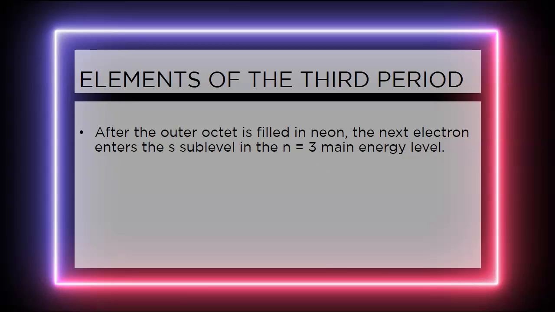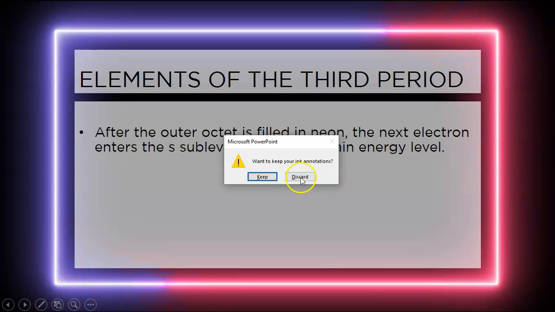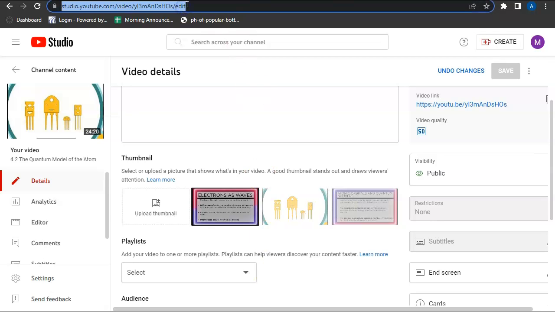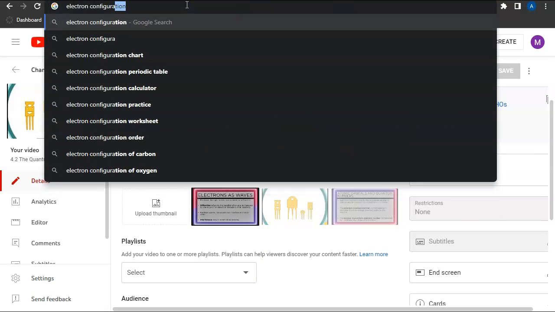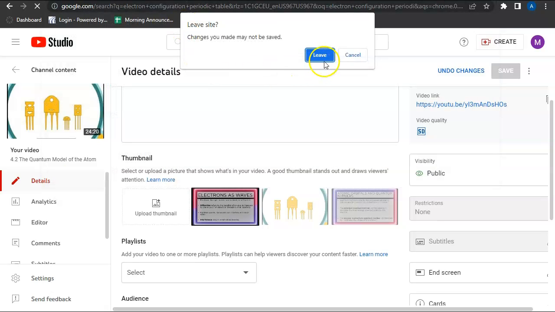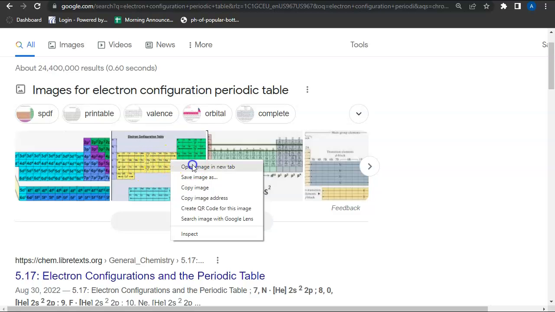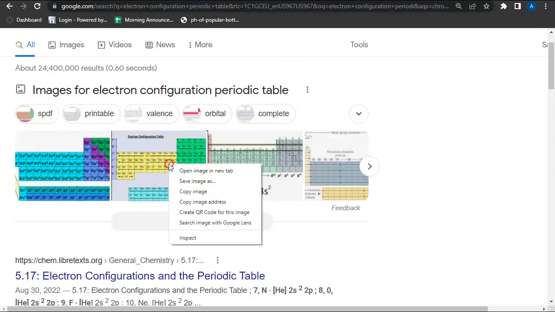But then we see the elements of the third period. Once neon gets filled, we'll see the 2s and the 2p get filled for neon. And then 3s and 3p are going to get filled in the third period. And I'm going to pull up that periodic table to show you. So there's a couple good images here we can choose from.